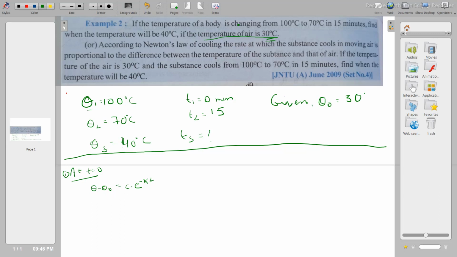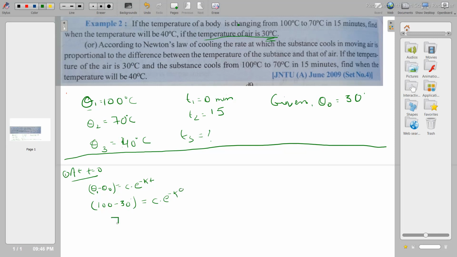Now if we take theta 1, we can write it as 100 minus 30, the temperature of air, is equal to C into e power minus k into the time, which is 0.